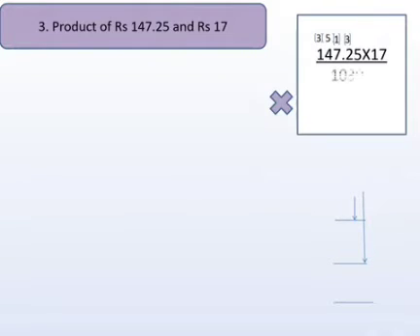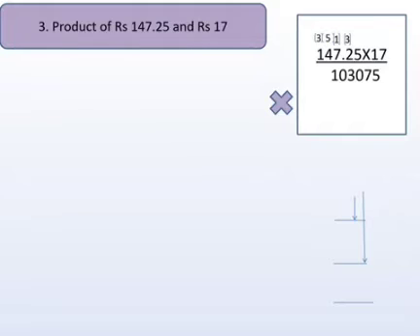7 5s are 35, 3 carry and 5 you should write it down. 7 2s are 14 plus 3, 17. 1 carry, 7 you can write it down. 7 7s are 49 plus 1, 50, 0 write it down and 5 carry. 7 4s are 28, 28 plus 5 is 33, 3 carry and 3 I have written it down. 7 1s are 7 plus 3, 10.